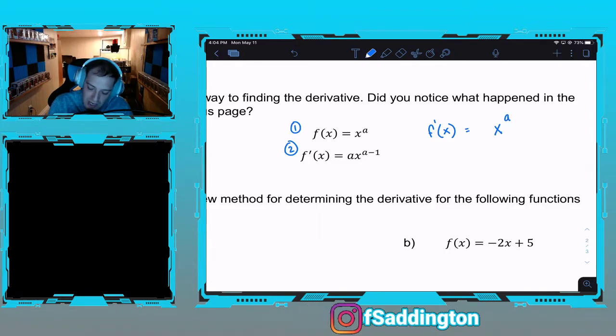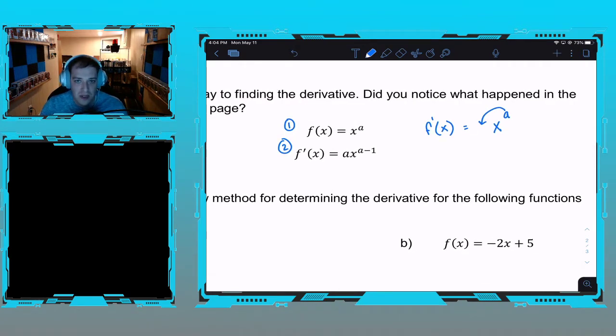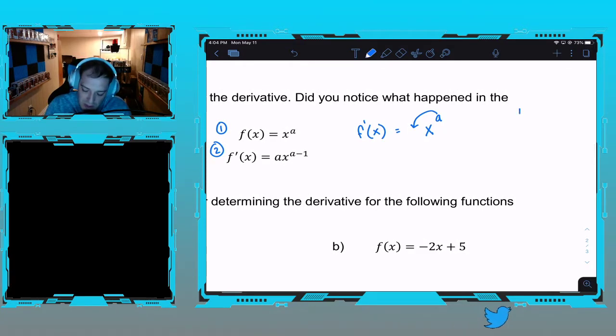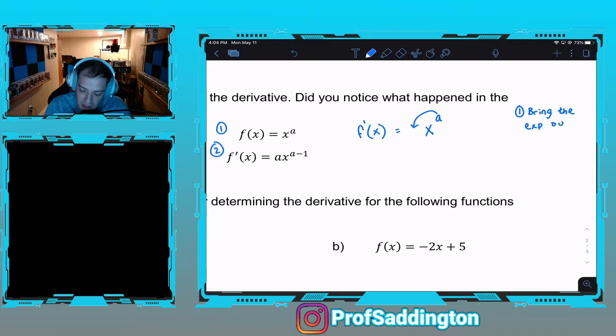We're taking that a value and dragging it to the front. There are 2 rules that go from step 1 to step 2. The first rule is to bring the exponent out to the front and multiply.